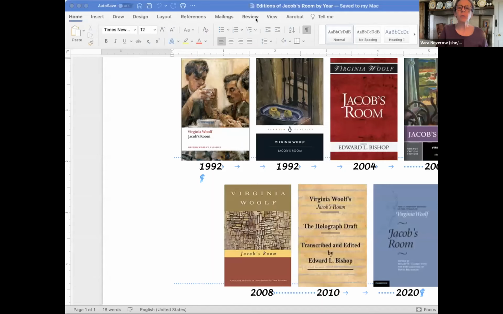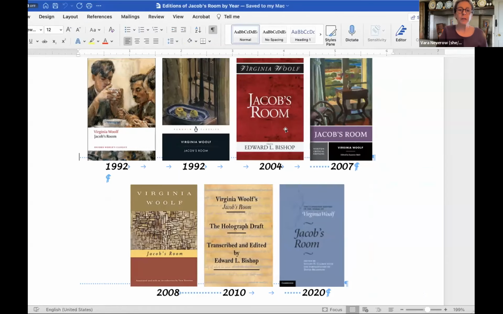Okay, so I just wanted to start with an image of the, and I hope everybody can see this. These are the editions starting with Kate's and going up to Stewart and Clark and David Bradshaw's edition.